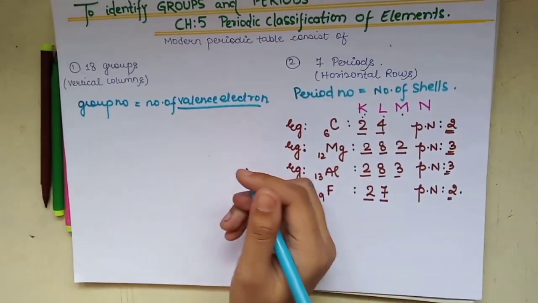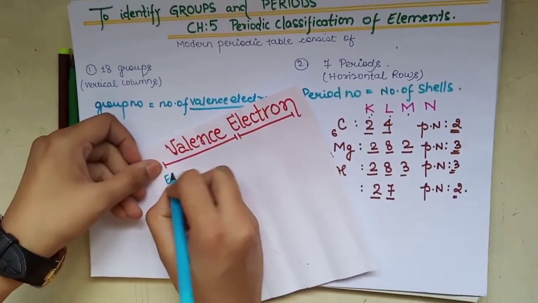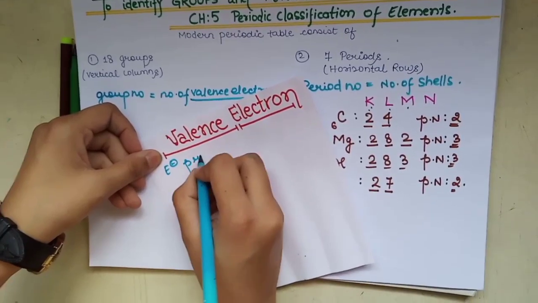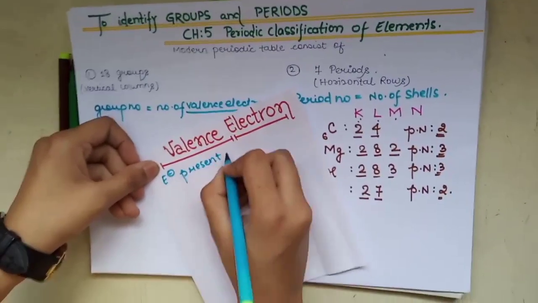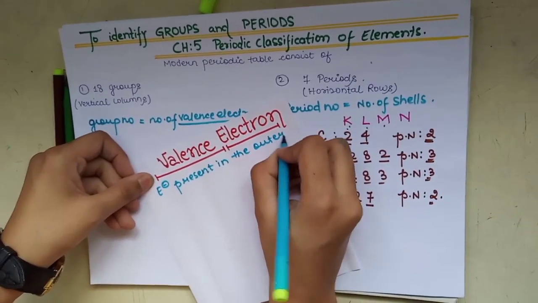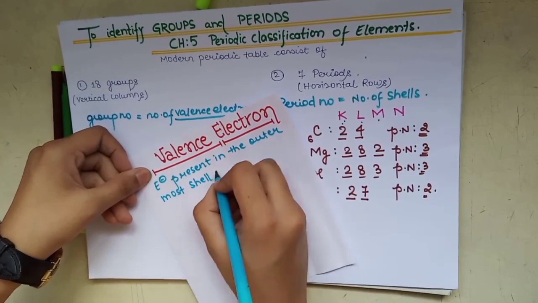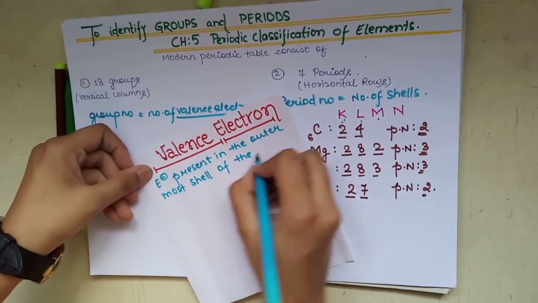Let me make it clear. Valence electrons are the electrons present in the outermost shell of the element.